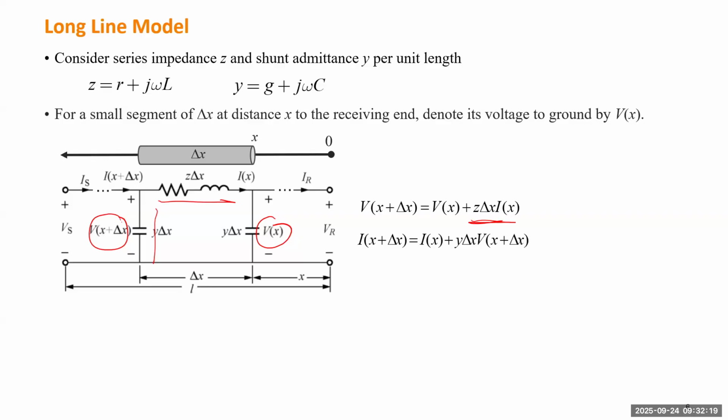Then we also utilize Kirchhoff's current law: the difference between this current and that current will be the current going through this branch, and that current is equal to the admittance multiplied by the voltage.